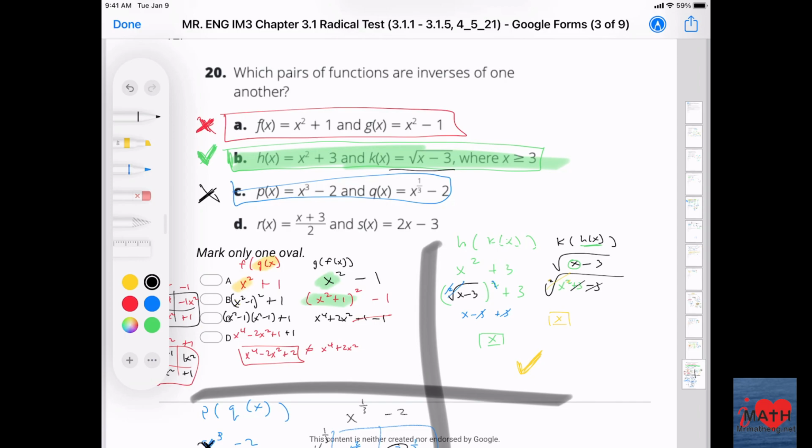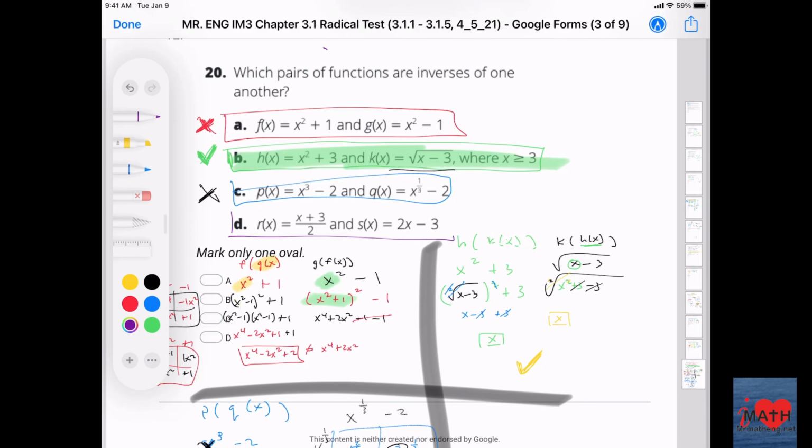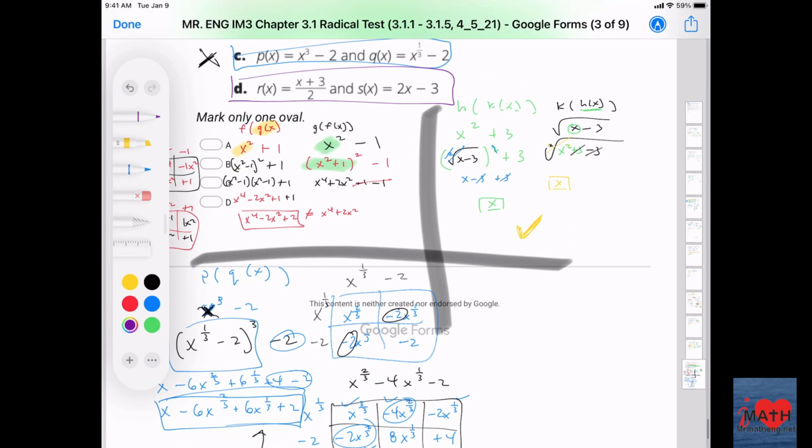Let's look at D. We have R going into S, and then S we're going to put in R. If it works both ways, then it is an inverse.